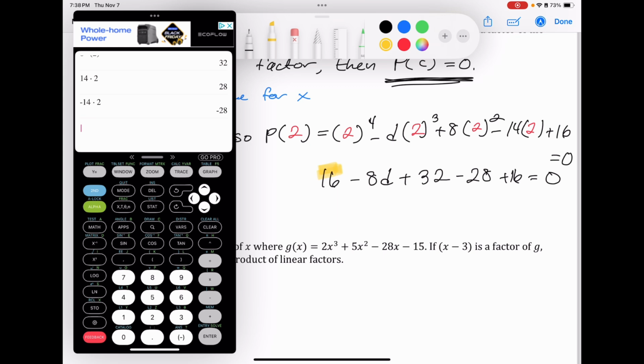Now we can add our numbers together. That's going to be 16 plus 32 minus 28 plus 16. That equals 36. So 36 minus 8d equals 0.